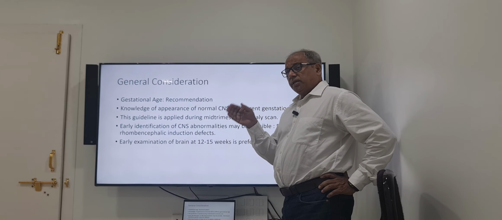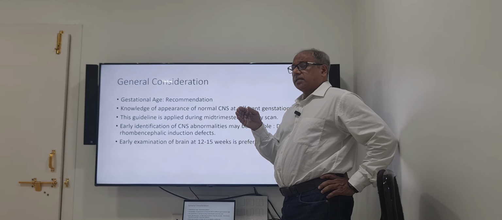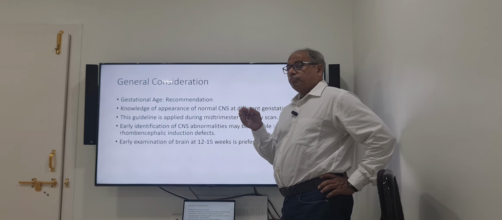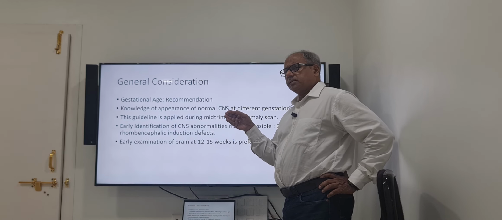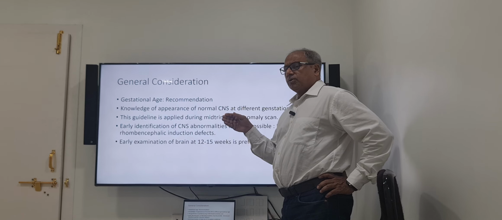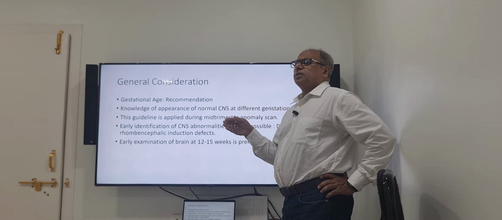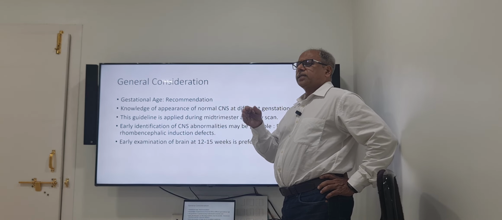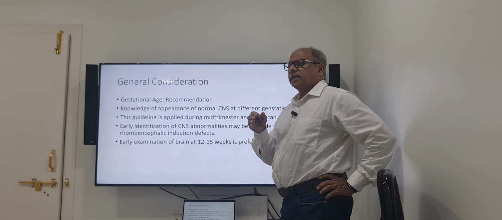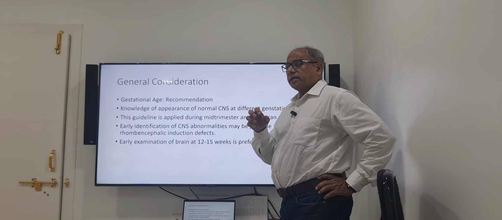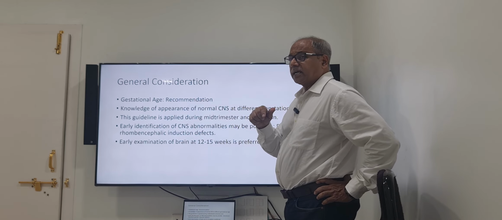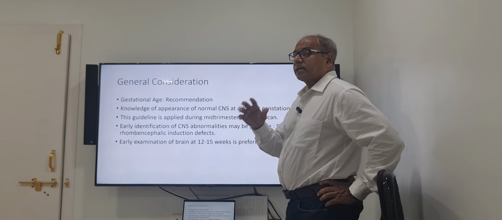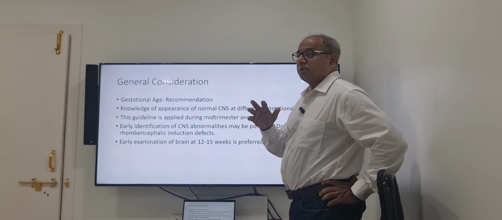And if we know the embryology of the baby at the time of the scan, we can know what happens in 13 weeks, what happens in 16 weeks, what happens in 18 weeks. Because at 18 to 20 weeks we do the mid-trimester scan. Before that, if we do an anatomical scan at 12 weeks, the things might be caught at that time if there is a problem, if we know what is the actual embryological anatomy at 13 weeks.